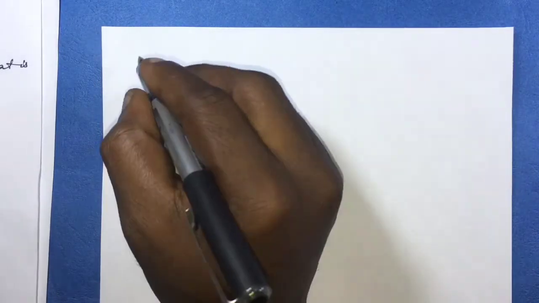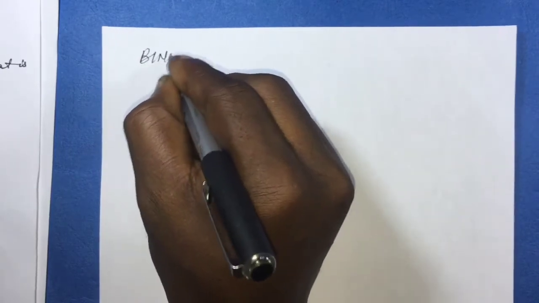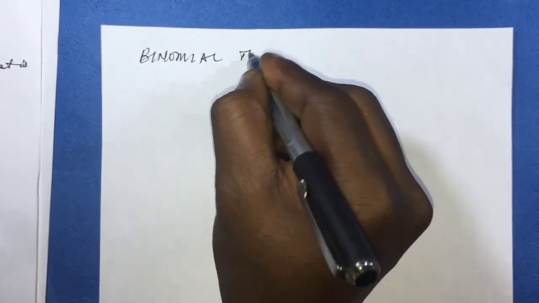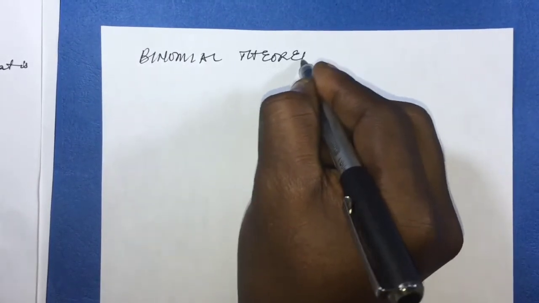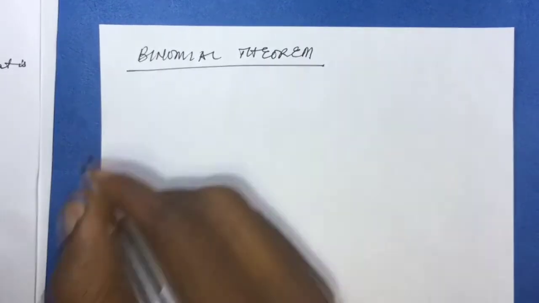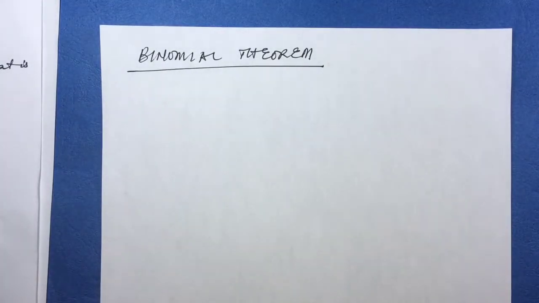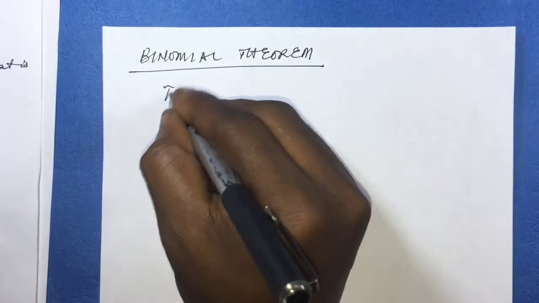Let us see. Now, I haven't talked about that for Pascal's triangle. Let us go quickly to the binomial theorem. So, the binomial theorem. Now, take note. The binomial theorem overcomes a particular problem of the Pascal's triangle. What if, so let me write that down.